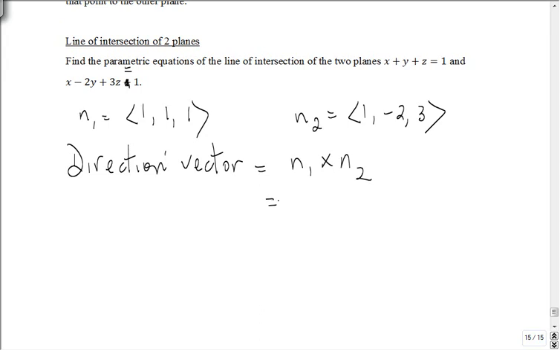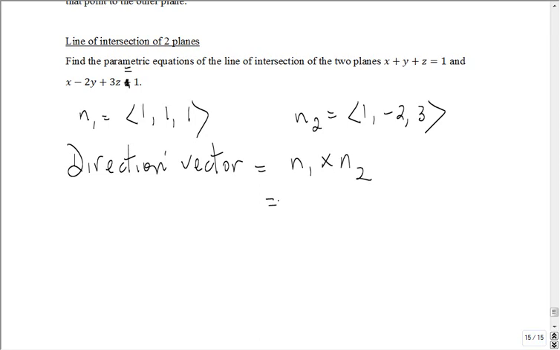Could you work that out for me? I want to make sure you can do these things. N1 cross N2. When you have it, tell me.